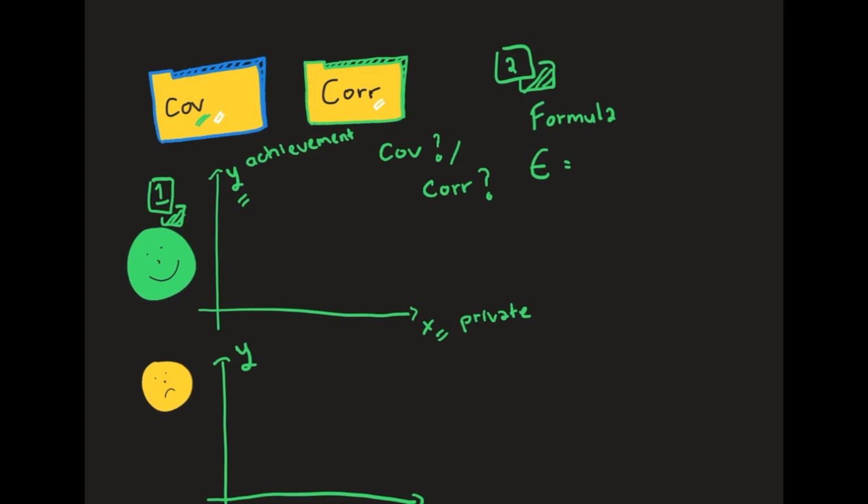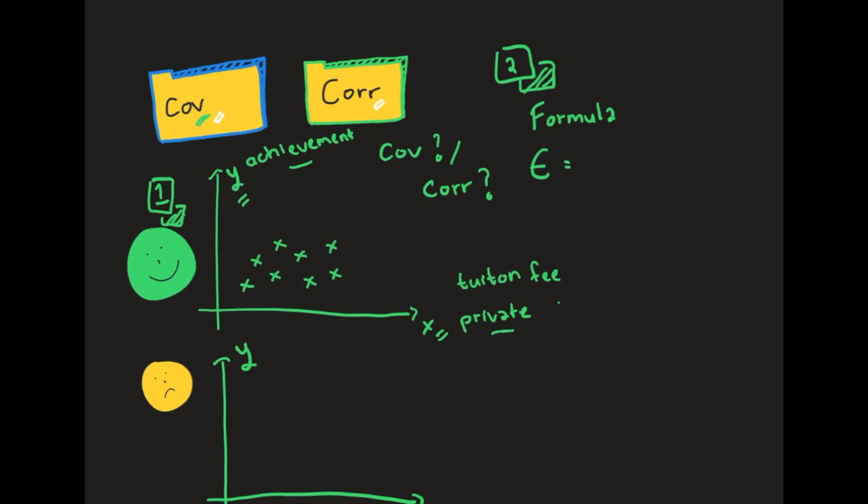If we take an example like this, x could be the status of the school, or the private tuition fee.